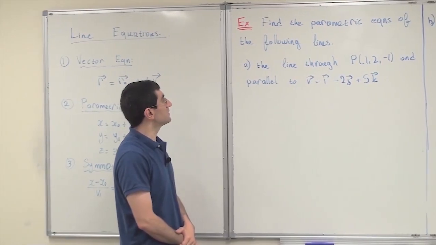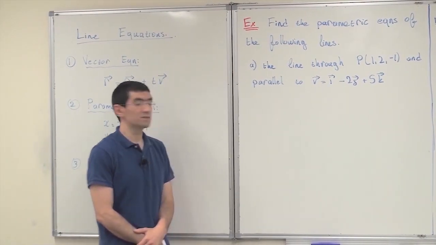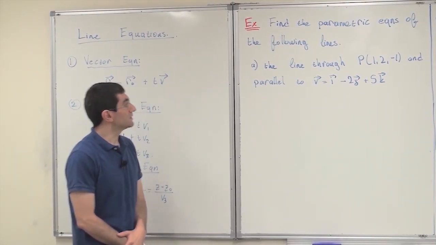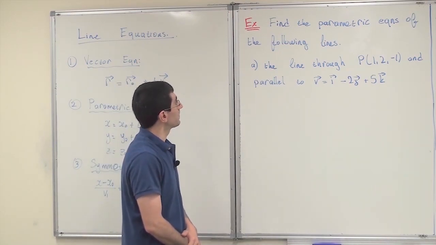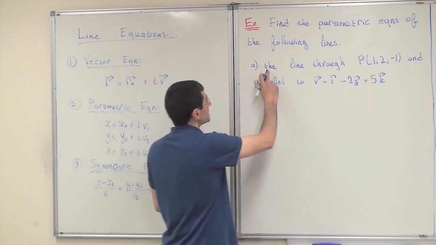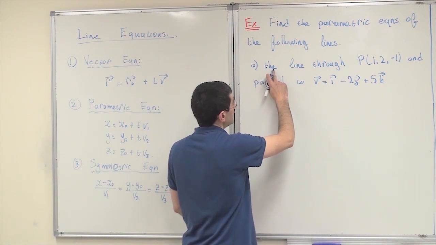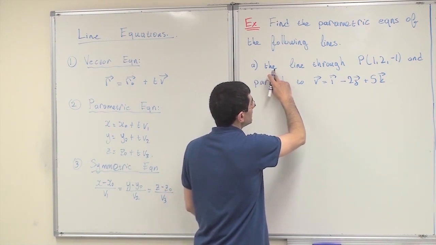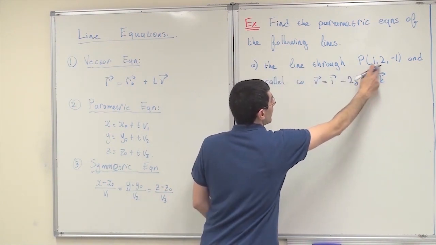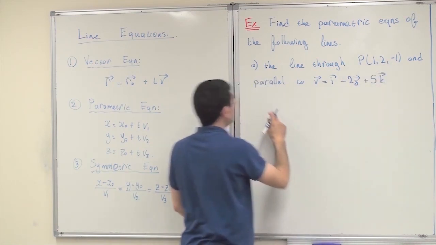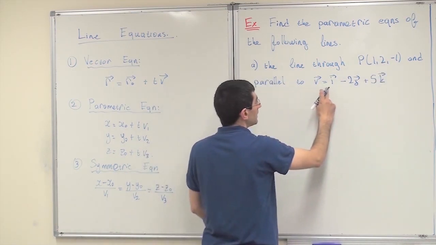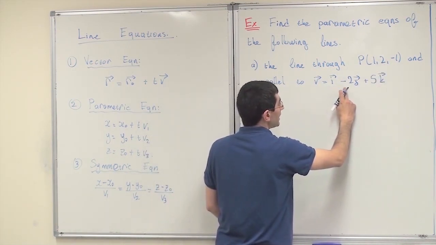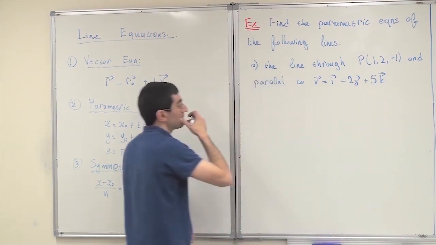In this exercise, we want to find the parametric equations of the lines in the following cases. So, in the first case, we'd like to find the line equation through the point (1, 2, -1) and parallel to the vector i - 2j + 5k.